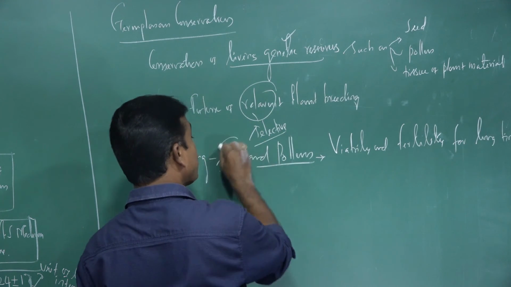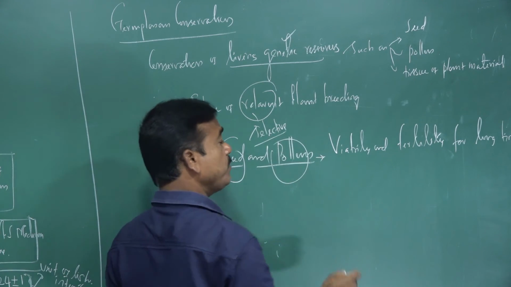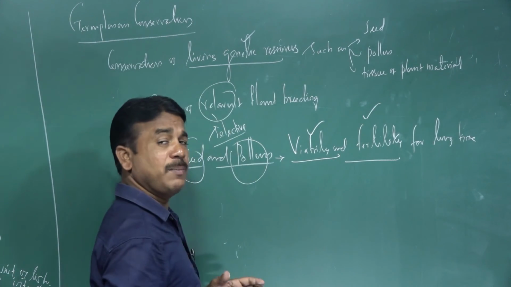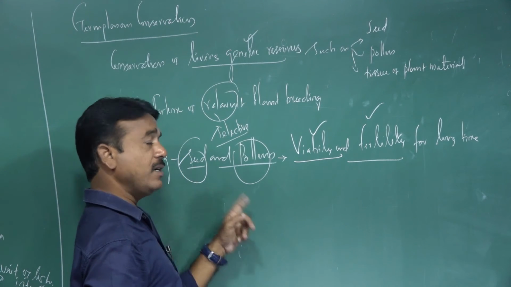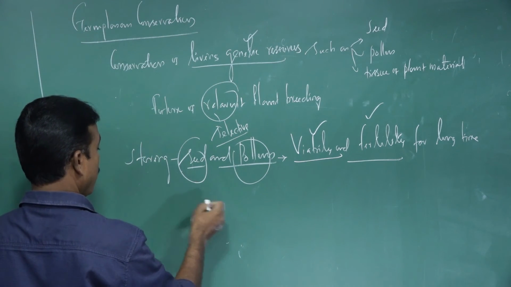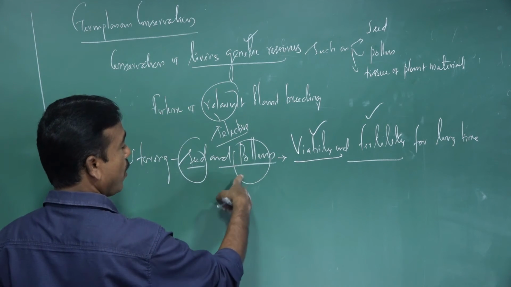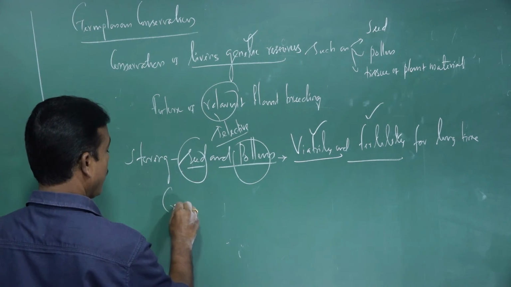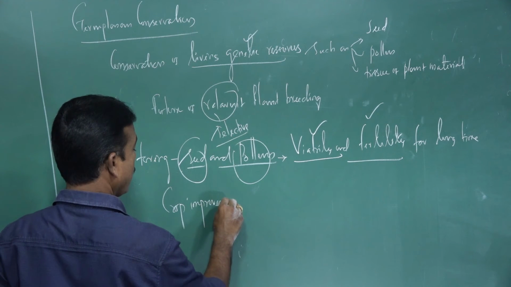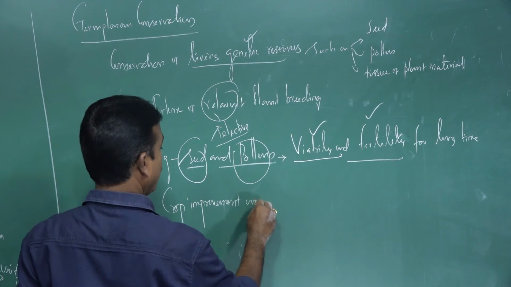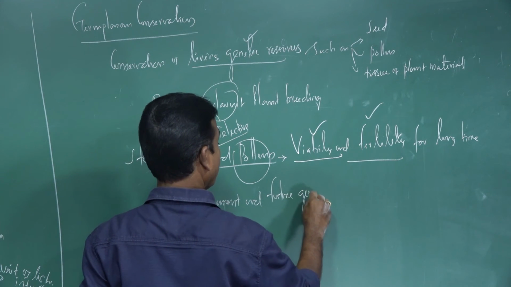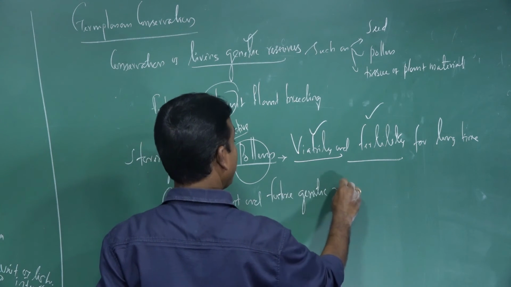If you store seed and pollen, they must possess good viability and good fertility for a long time, so that those kinds of seed and pollen can be used for crop improvement and future genetic resources.